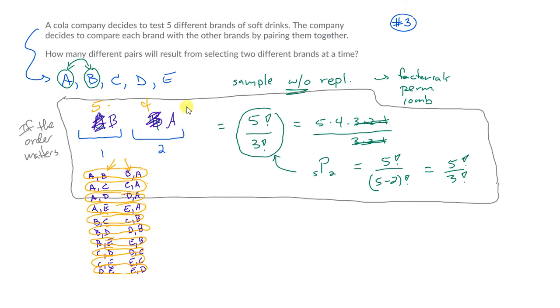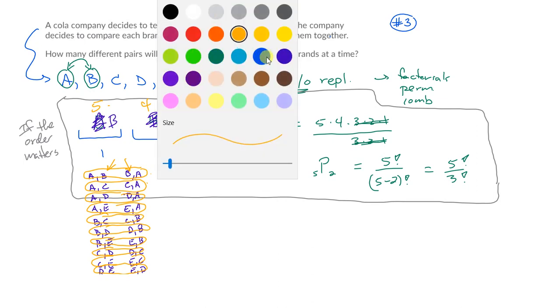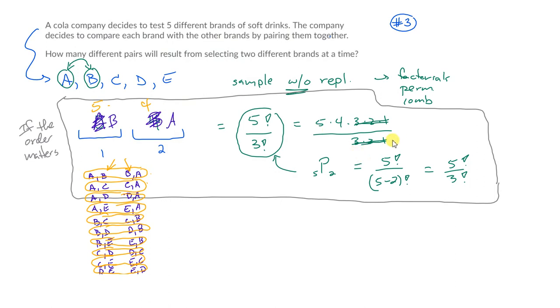Okay, so remember the formula for permutations, which is what we have here. If the order matters, that's permutations, P. And the formula for permutations is nPr equals n factorial over n minus r factorial. That's what we did here, right? 5 factorial over 5 minus 2 factorial.